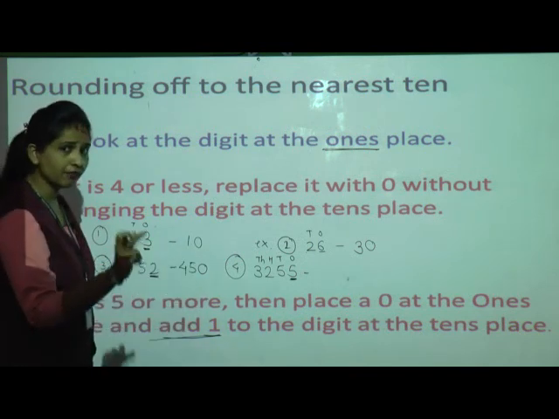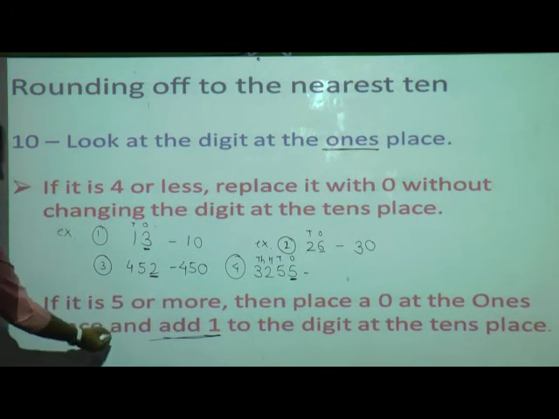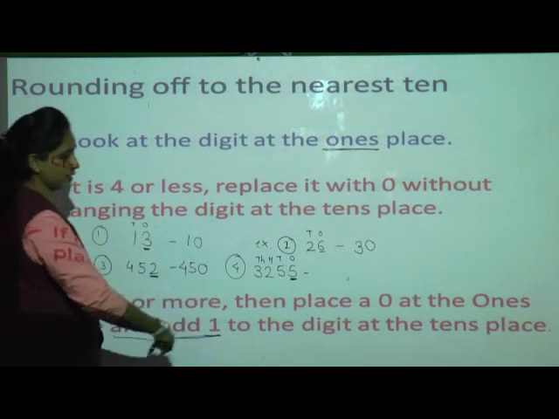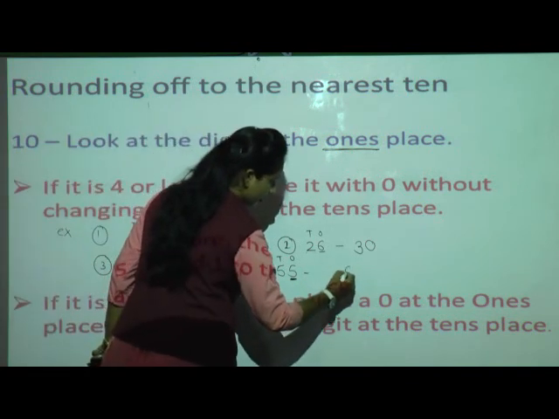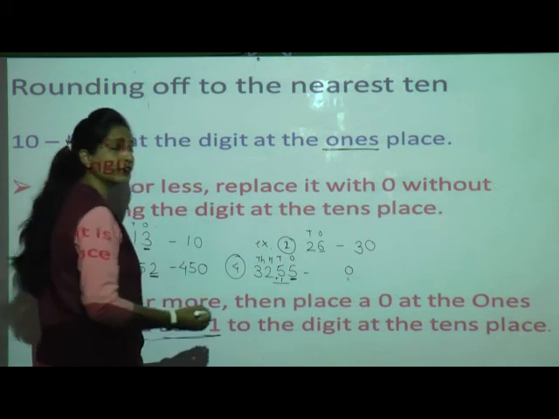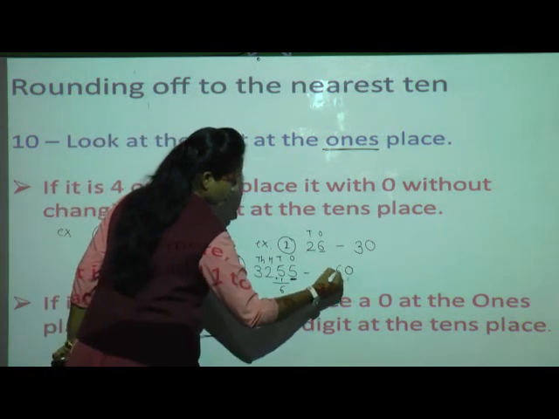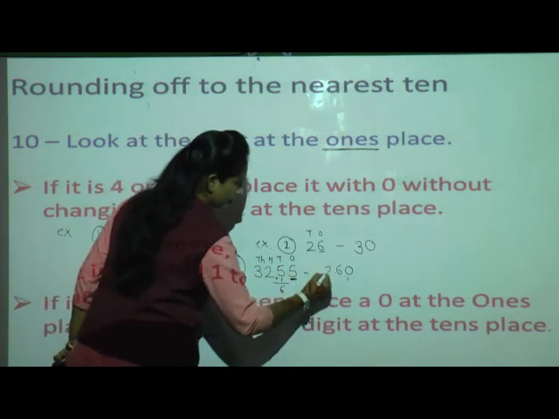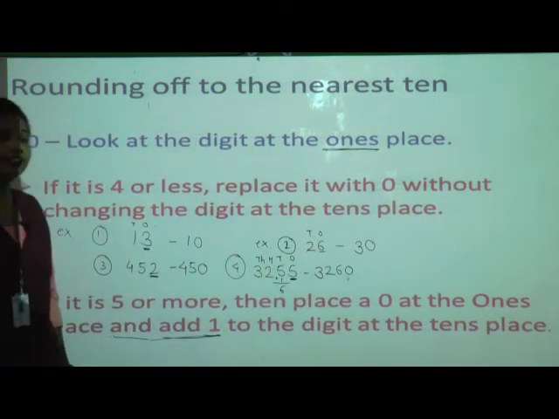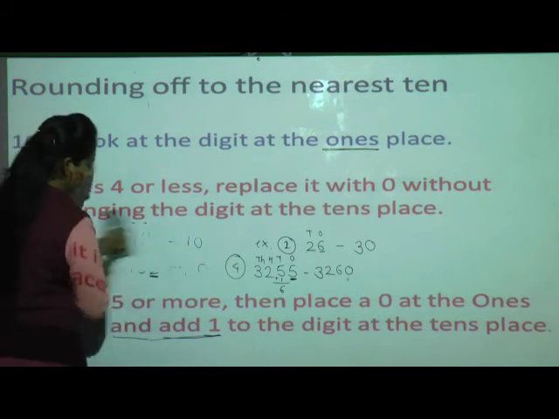Replace the number at the ones place with 0, but add 1 to the digit at the tens place. 5 plus 1 is 6, so your 6 will come and the remaining number as it is. Got it? The concept is clear? Very easy.